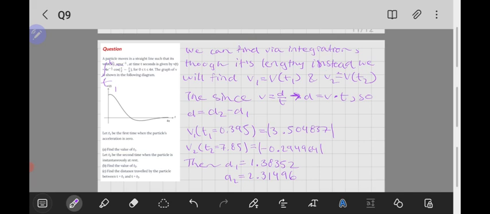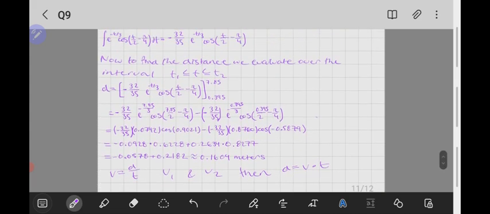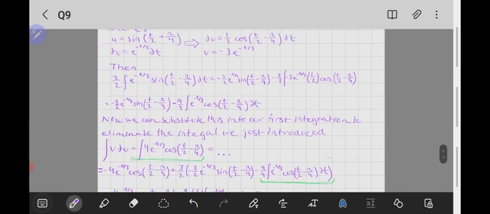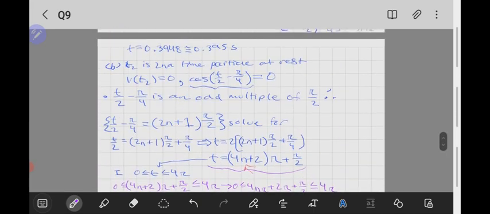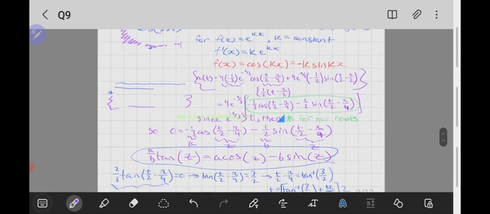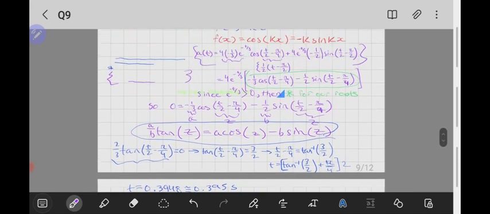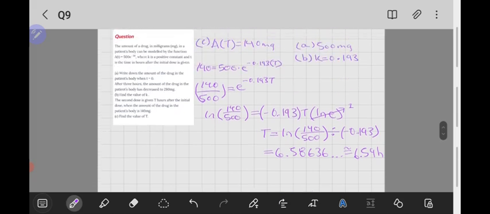Although that's quite a lengthy process, which requires integration by parts and integrating twice so that you can cancel out your variables.